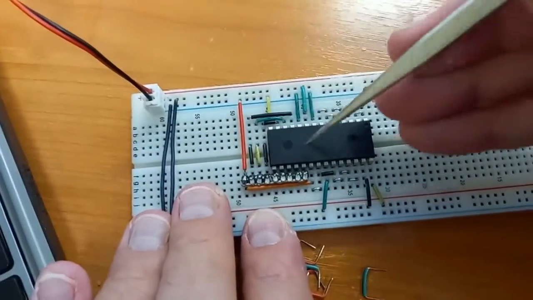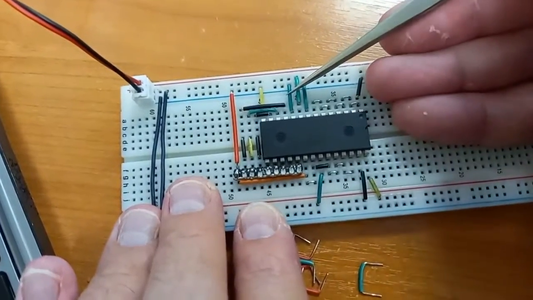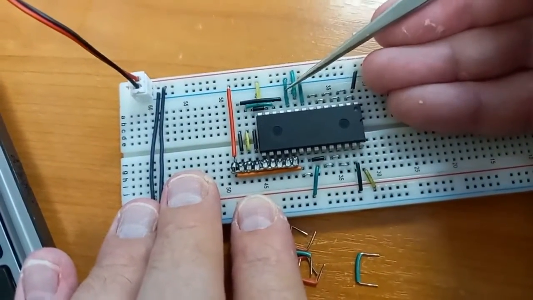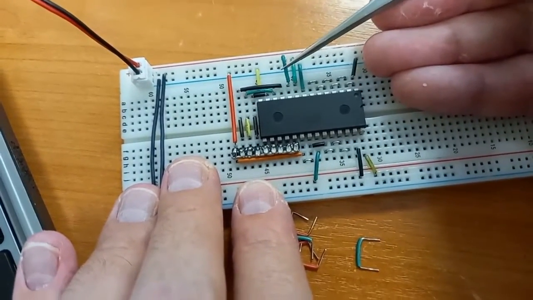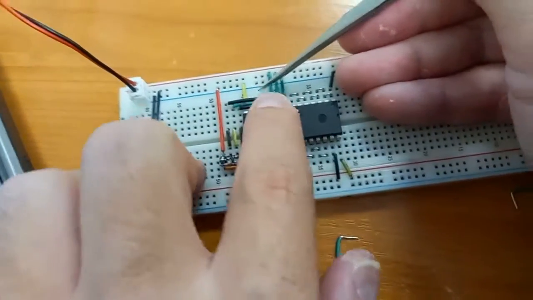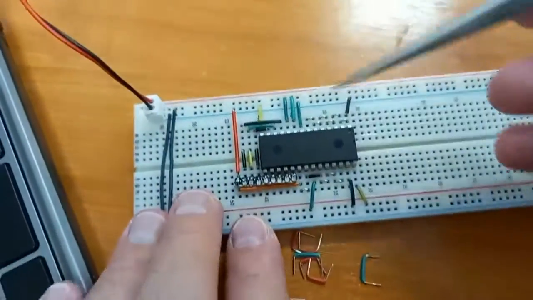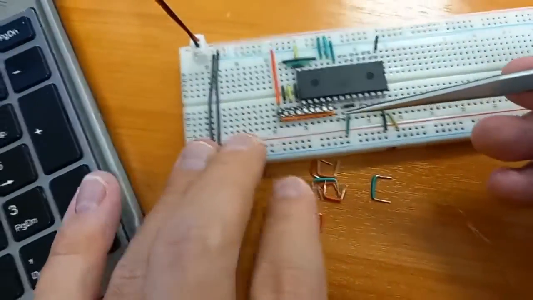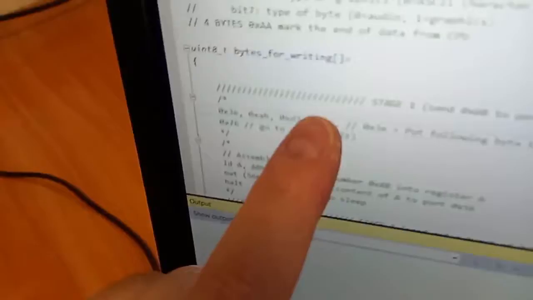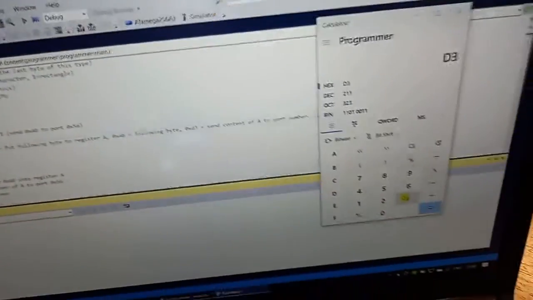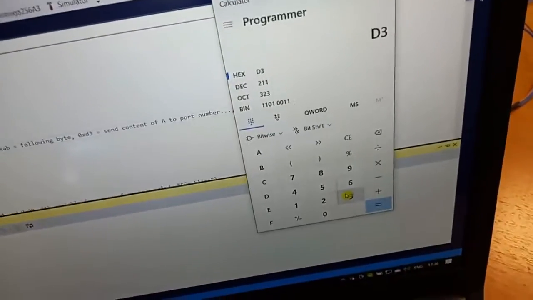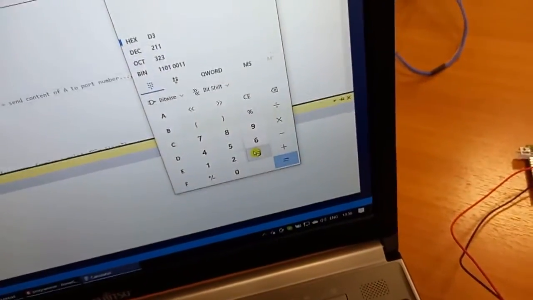Address number 3, that means A1 is 1, A2 is 1. That's address number 3. All the rest are 0. At address number 3 we have 56. But we can have whatever at address number 3.